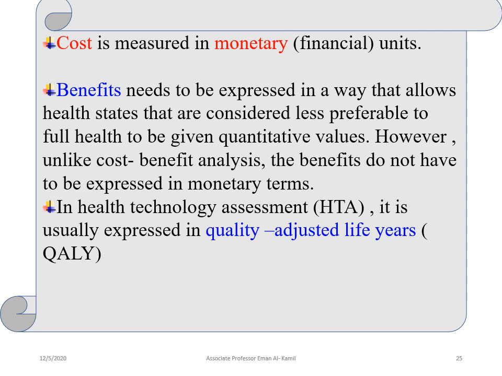Sometimes they tell you there is no benefit from this without quality of life; he cannot go out, cannot walk, cannot work, cannot contribute in the family or in the community. However, unlike cost benefit analysis, the benefit does not have to be expressed in monetary terms but in the quality of life of the individual. In health technology assessment, it is usually expressed in quality adjusted life years.